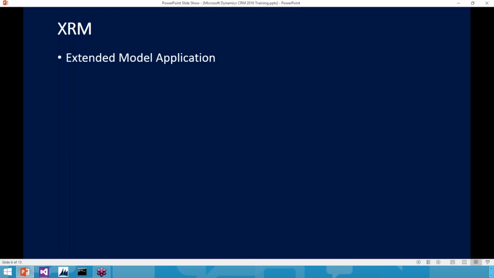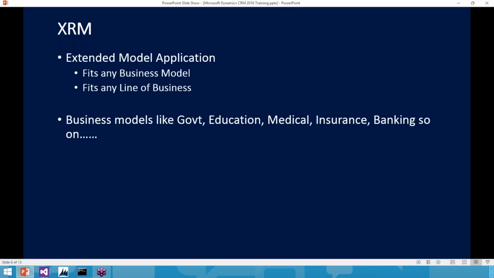So that's why XRM. It's an extended model application. It fits any business model. It fits any line of business, you name it. Education, hospitals, insurance, financial institutions. Business models like government, education, medical, insurance, banking, and whatnot.